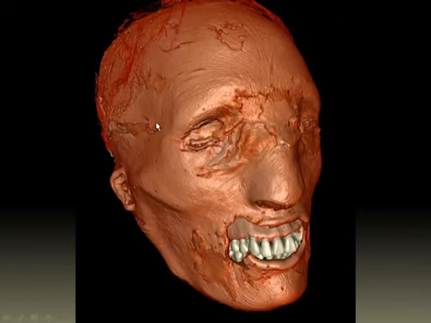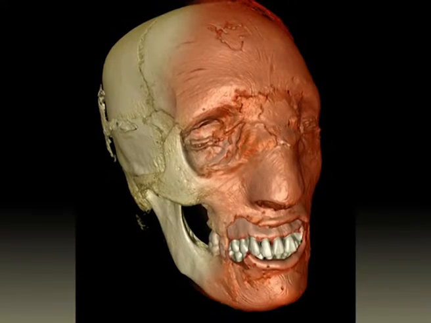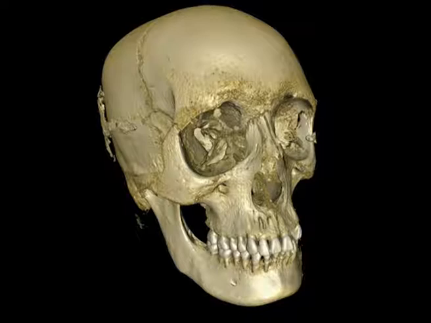For the Maori head, it is the same principle. You have the radiological scan, which allows us to erase the flesh and obtain the image of the skull. Then this skull can be compared to other skulls, because anthropological literature is full of measurements of skulls. So we have a very large data bank on skulls.